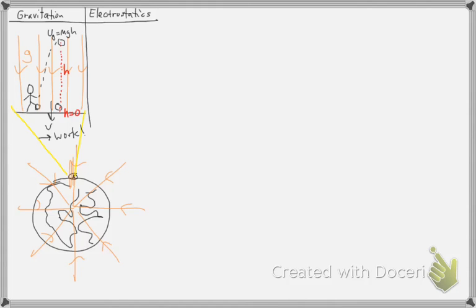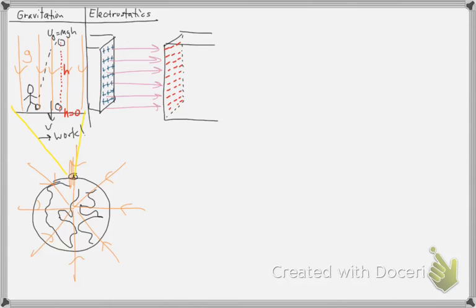Now if we compare an analogy in electrostatics, if we get a line of charge or a sheet of charge, let's say positives and negatives spaced apart, they'll set up a uniform electric field in between the two. Now if we put a charge, the equivalent of mass, in that uniform electric field, there is some force associated with that, as we know already.